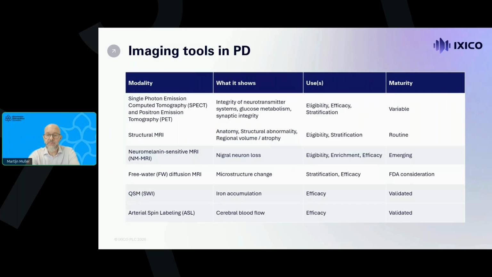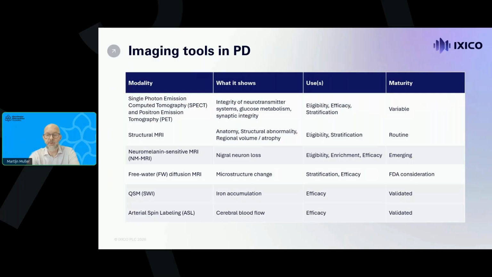Several imaging modalities are currently available, each providing different information about disease biology. Nuclear imaging techniques such as PET and SPECT can assess neurotransmitter systems and brain metabolism, while MRI-based approaches can evaluate structural and functional changes.